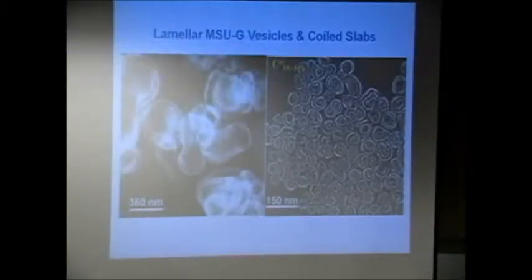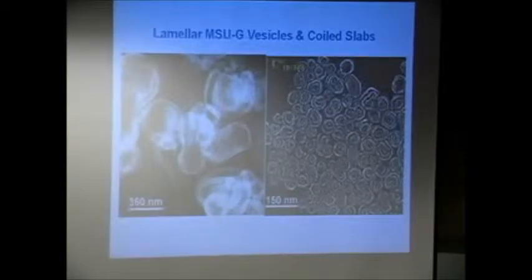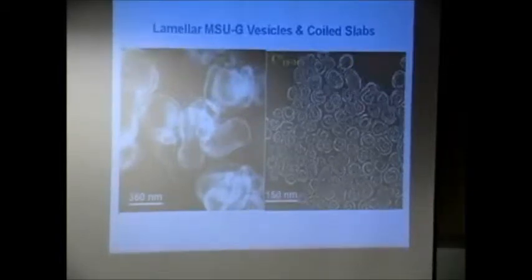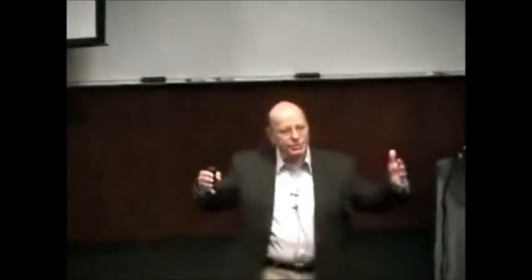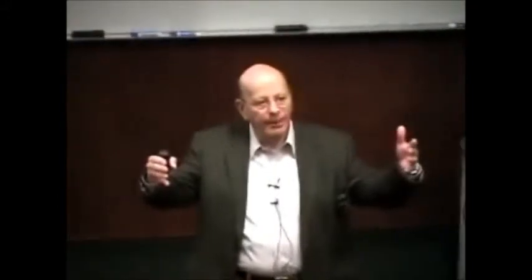Now, what lamellar structures don't like to do is to stay lamellar, basically, because what happens at the edges of the lamellae is that the hydrophobic groups are in interaction with the aqueous phase, right? So the edges become thermodynamically undesirable.